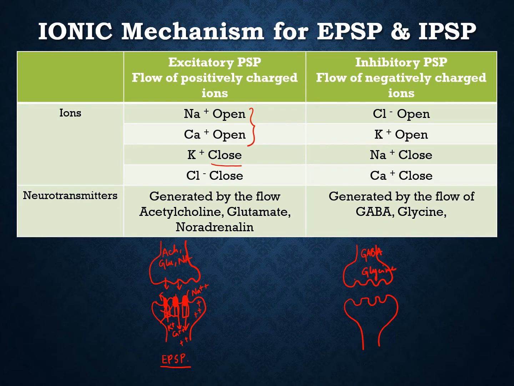They are released from the presynaptic neuron and mix with the receptor molecules present in the postsynaptic neuron. They are associated with the ion channels and the channels act accordingly.